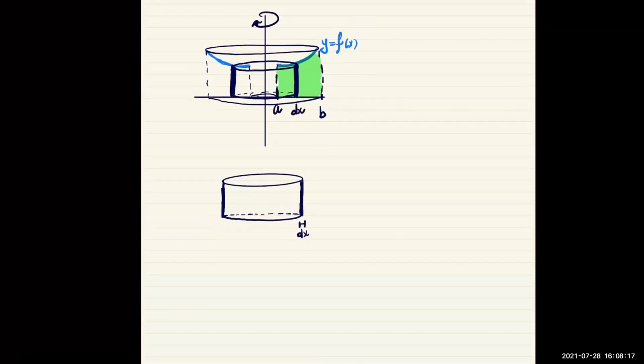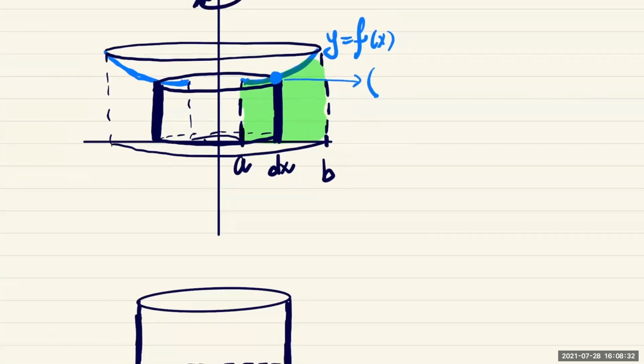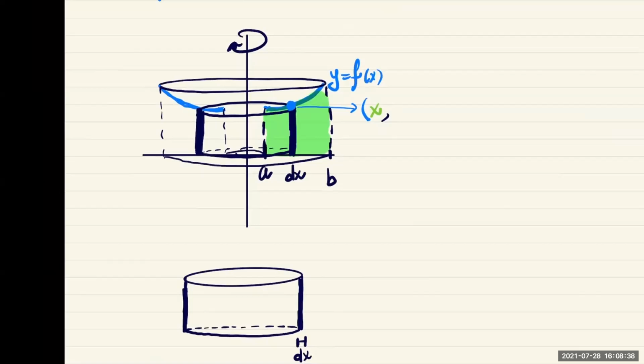Look, this point, which is on the shell, consists of an x and a y. The x value of that point is just x, because the distance from here to here is x. Guys, that distance is x.